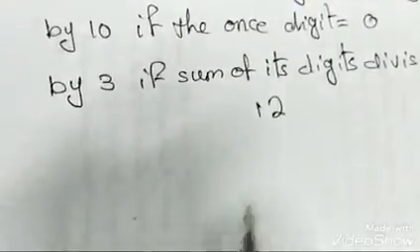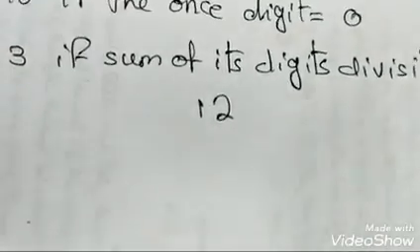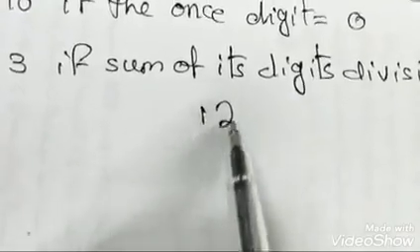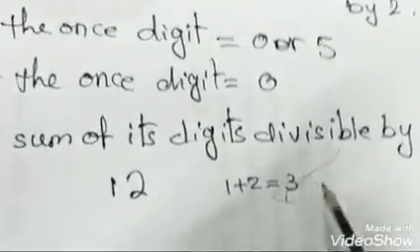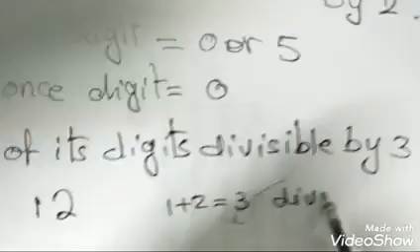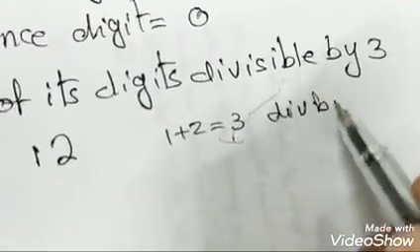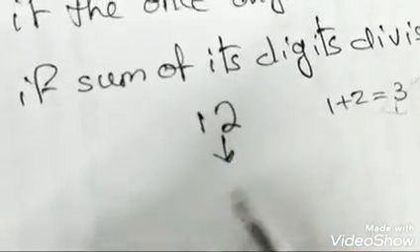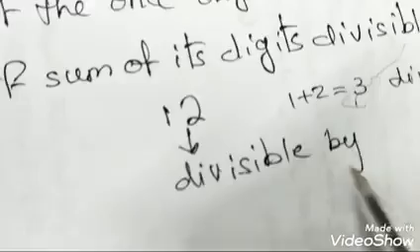What does it mean? Like 12. Is 12 divisible by 3? I have to look: I have 1 and 2. 1 plus 2 equals 3. 3 is divisible by 3, so 12 is divisible by 3.